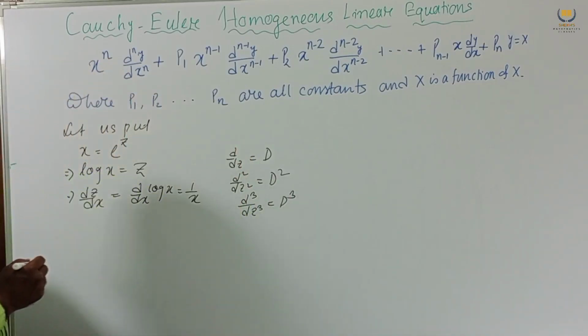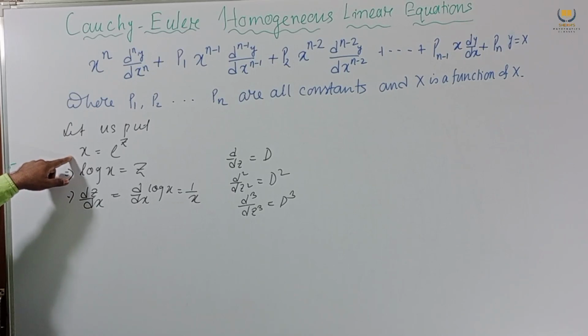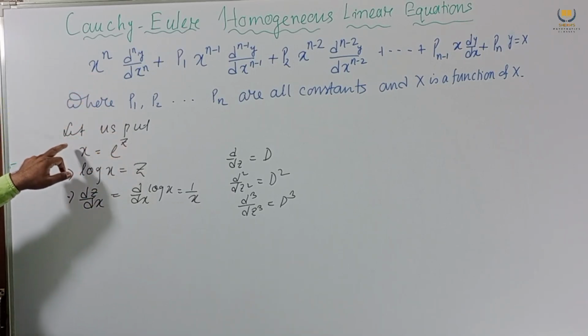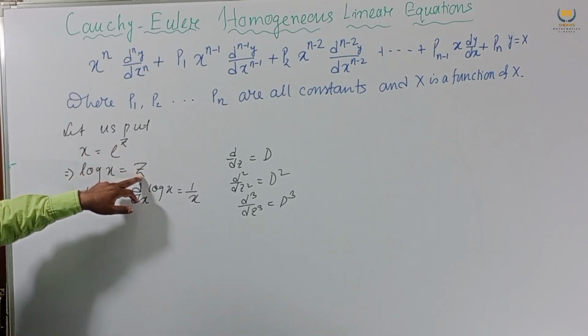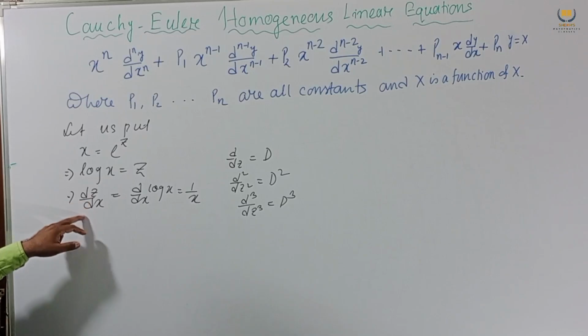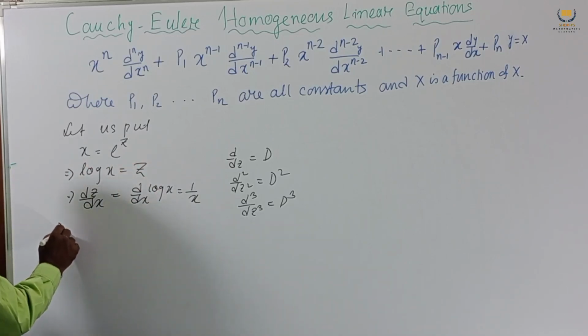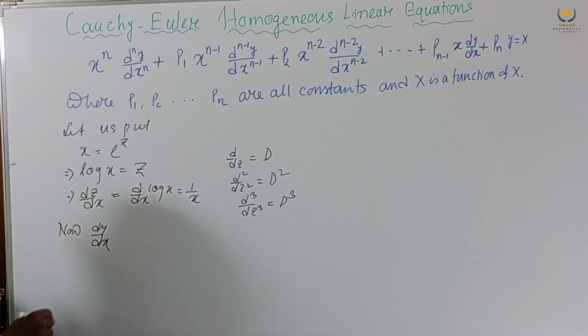We can write this. So when we solve this problem, we put x equal to e to the power z and take log on both sides. Log e means 1, then we get z, and dz/dx means 1 by x. Now we find dy/dx.